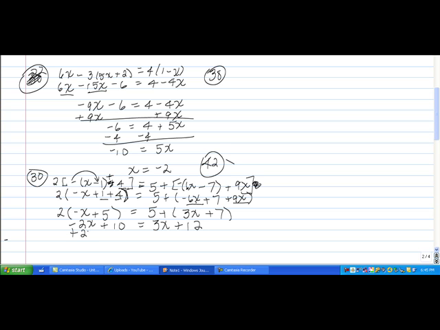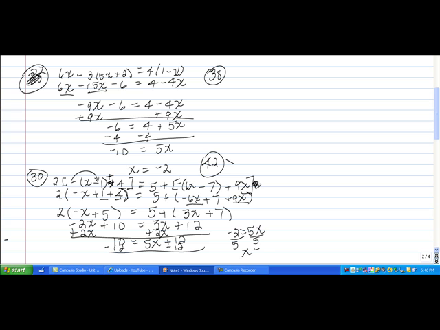Okay, let's get the x's together. So we'll add 2x to both sides. We get 10 equals 5x plus 12. Subtracting the 12, we get negative 2 equals 5x. And divide by 5 to get a 1.